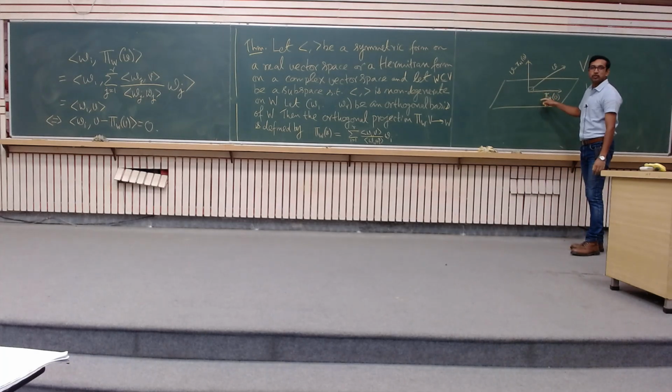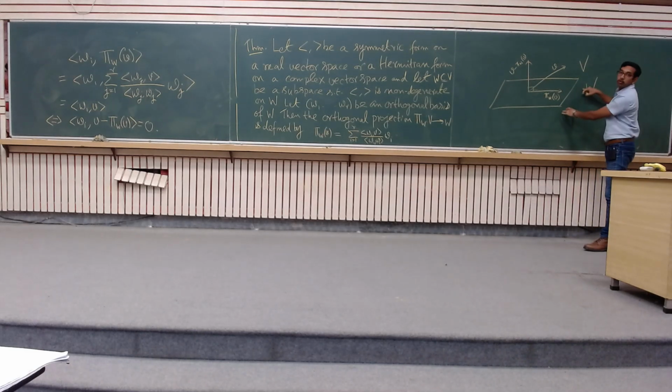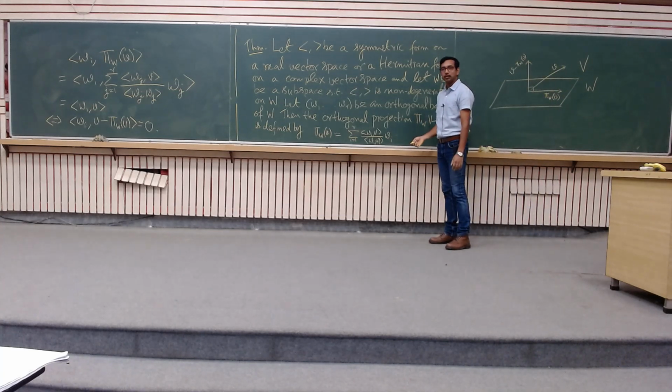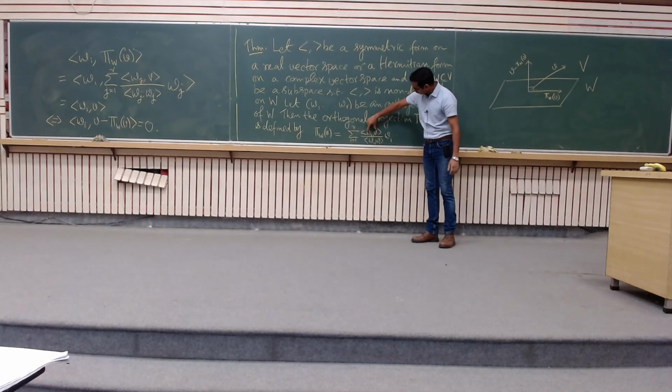When we drew this picture earlier, we assumed that we have an inner product. Here we didn't. We just assumed that the form is non-degenerate on W. That gave us an orthogonal basis with respect to which we defined the orthogonal projection. Earlier we just took the product of V with the elements of the orthonormal basis.